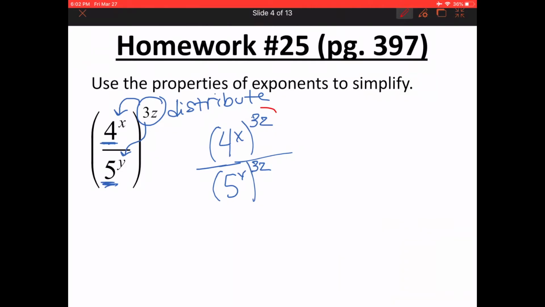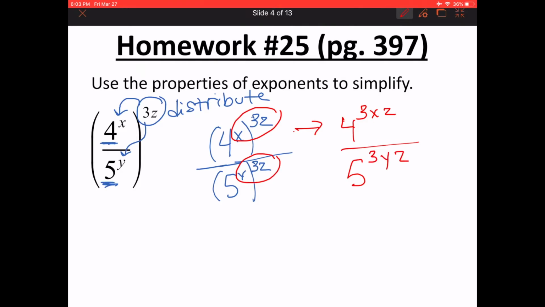Okay, now with these exponents here, I am going to multiply. So I end up with 4 to the power of 3xz. And then the same thing's going to be true in the denominator. I multiply these exponents. I end up with 5 to the power of 3yz.